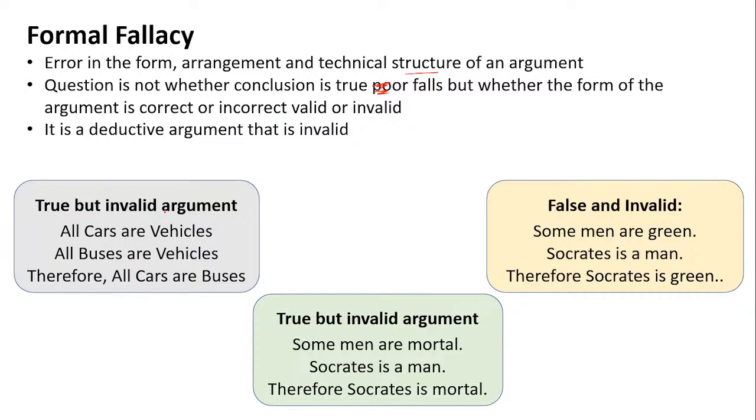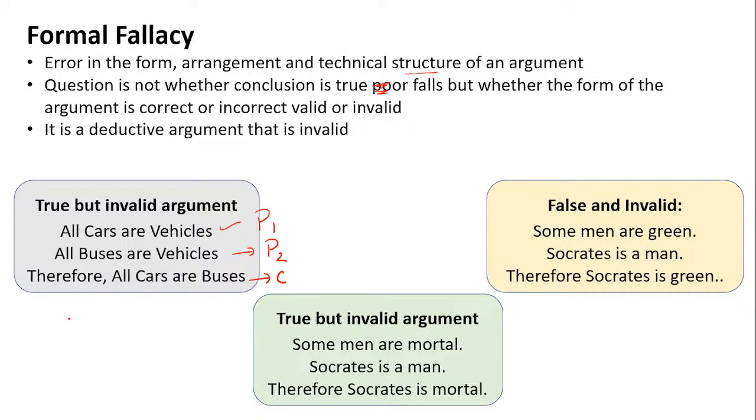Look at this example of a true but invalid argument. All cars are vehicles, you know that all cars are a kind of vehicle; this is premise one. Buses are vehicles; this is another premise. The conclusion: all cars are buses. Do you think all cars are buses? No, definitely not. Cars accommodate 4 to 6, 7, 8 people, but buses take up 50, 60, or even 100 people.